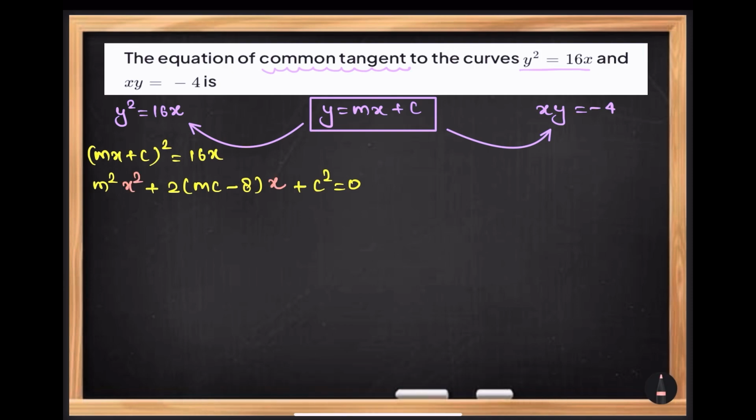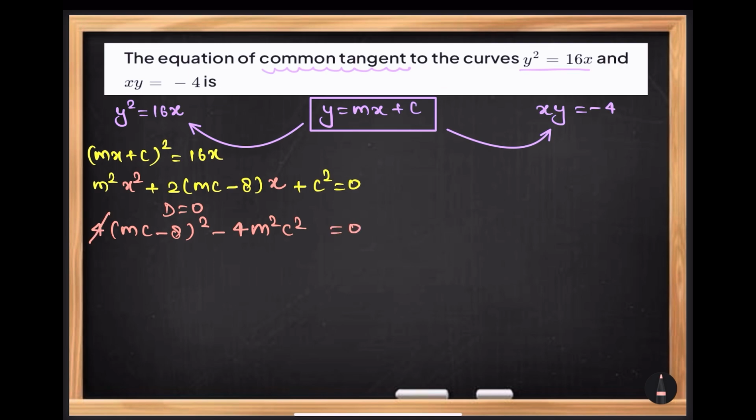If you open this bracket and rearrange things, you get a quadratic in x. Now you know that you have to put D = 0, correct? So put D = 0: b² - 4ac, so 4(mc - 8)² - 4m²c² = 0, correct?